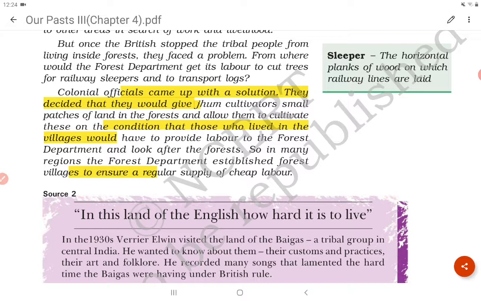So what is this sleeper? The horizontal planks of wood on which railway lines are laid. Colonial officials came up with a solution.